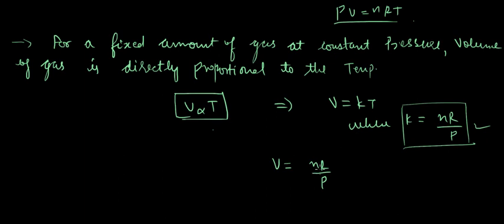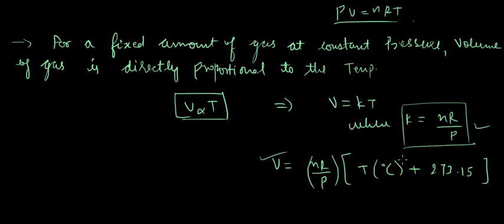Let's put the value of K as nR by P, and temperature in degrees Celsius plus 273.15 Kelvin, let's be exact. Okay, so this is the relation between volume and temperature in degrees Celsius.